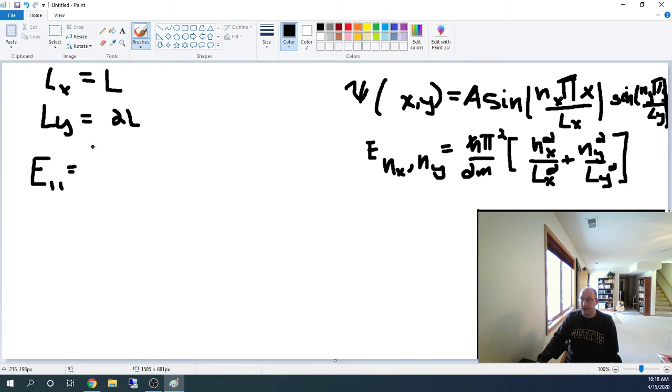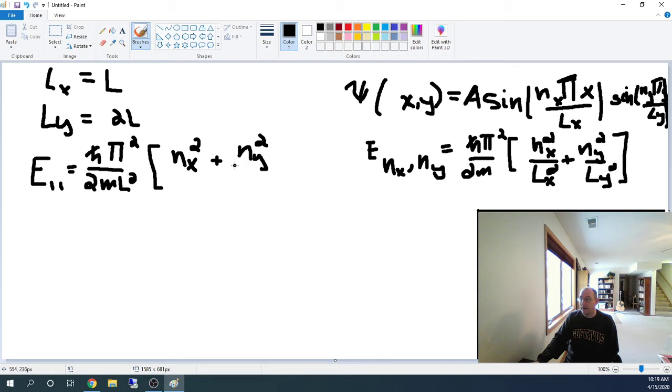The energy is going to be h bar squared pi squared over 2m L squared, times n x squared, plus n y squared, and because we squared L y squared, that gives me a 4 here.